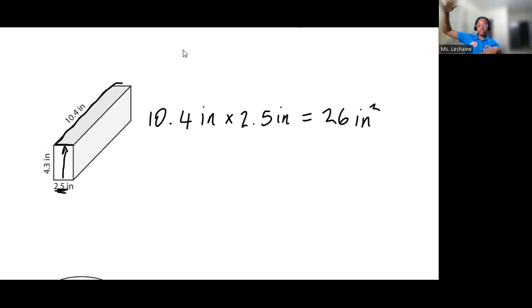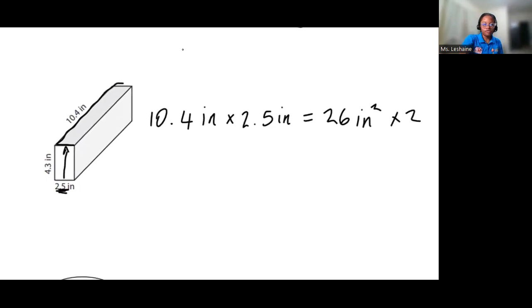Now we know that if we have 26 inches squared at the top, there's a matching 26 inches squared at the bottom. Whatever I have at the top, I will have at the bottom as well. So I will just go ahead right now and double my answer. So we have taken care of this face right here at the top and the matching face at the bottom. Let's start talking about this face right here. So it is 2.5 by 4.3.